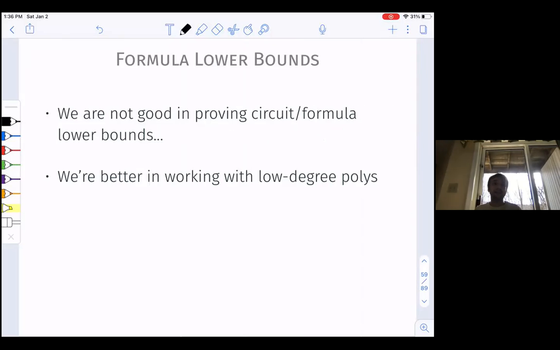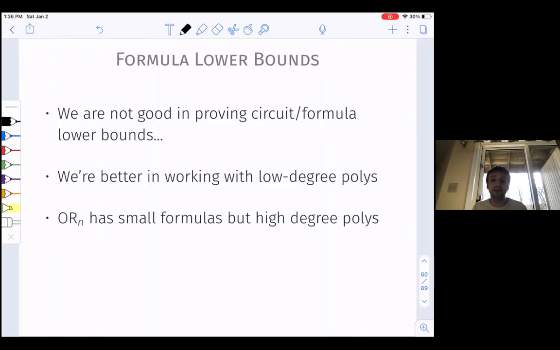So ideally, we'd like to say that everything computable by a small circuit can also be computed by something like a low degree polynomial, and then present a function that cannot be computed by a low degree polynomial and conclude a lower bound. But this approach doesn't really work because, say, the OR function has tiny formulas of linear size, but requires polynomials of linear degree. So this simple approach doesn't really work.